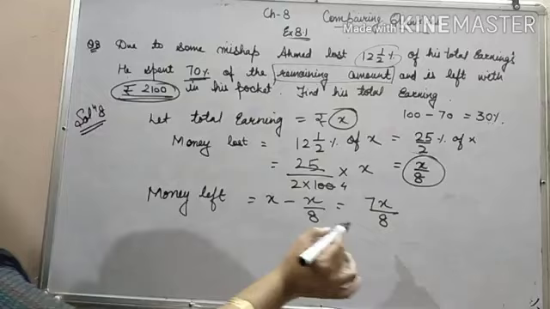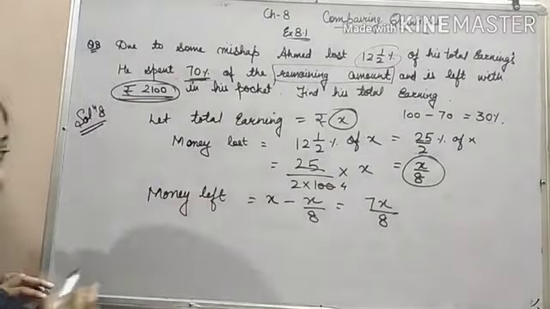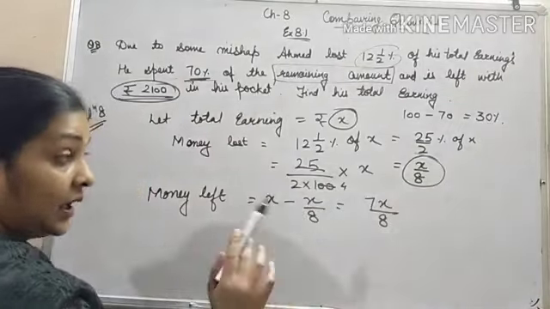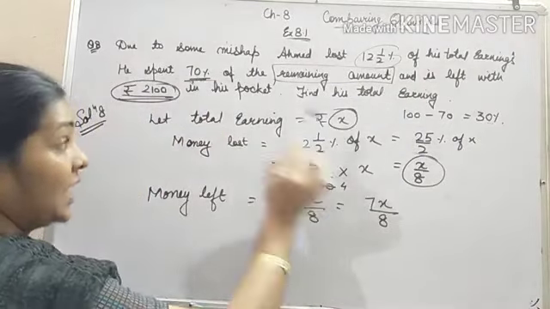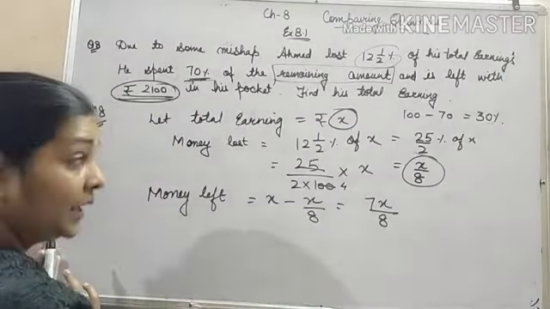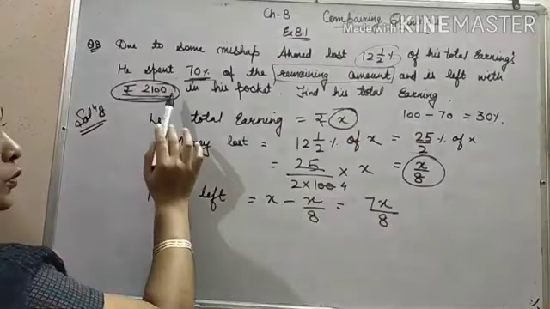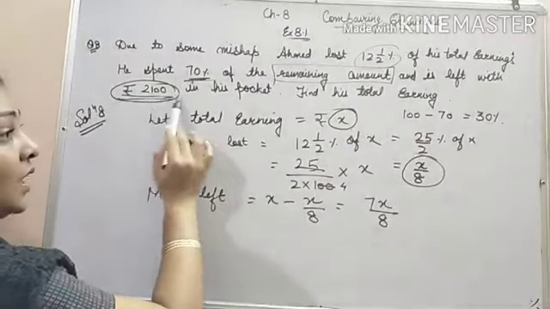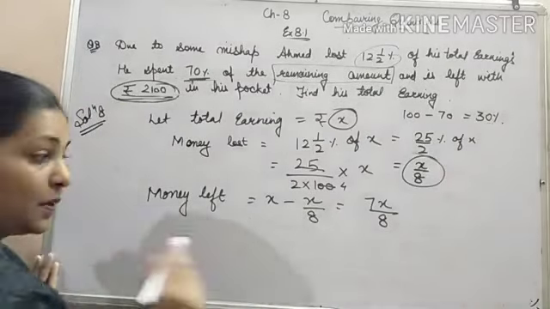Now, out of this 7x by 8, he spent 70%. Keep this in mind, he has not spent 70% of x, rather he has spent 70% of 7x by 8, and is left with 2100 rupees. Now this 2100 is 30% of 7x by 8.